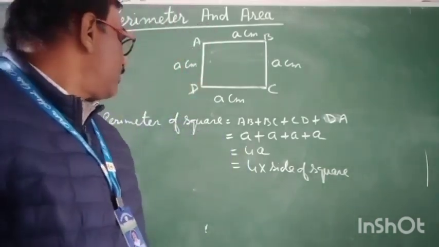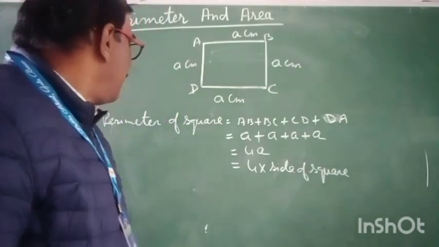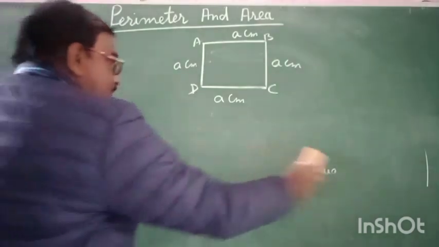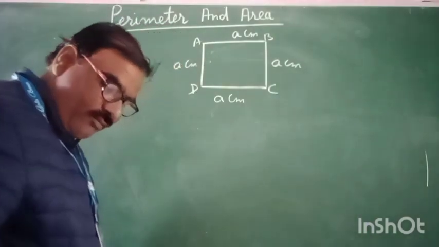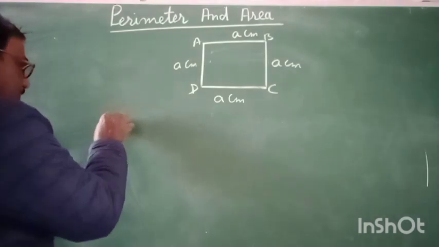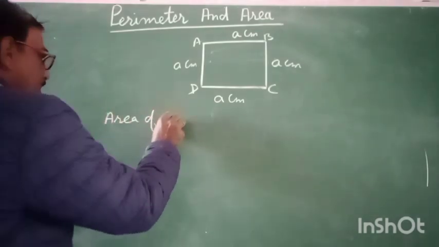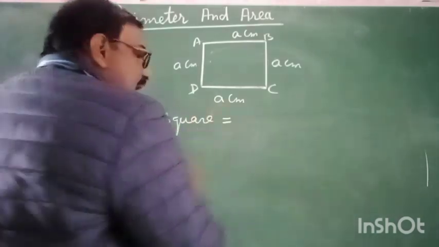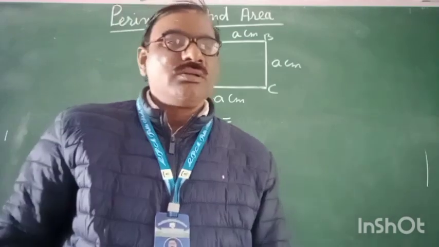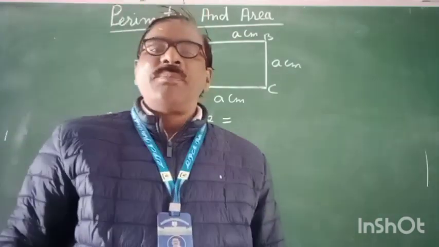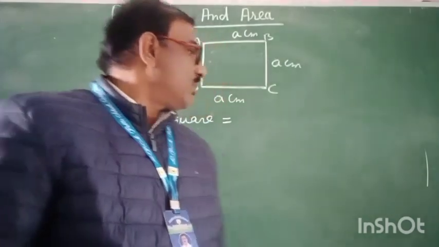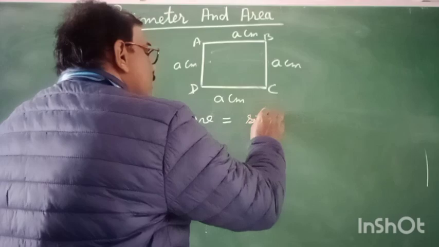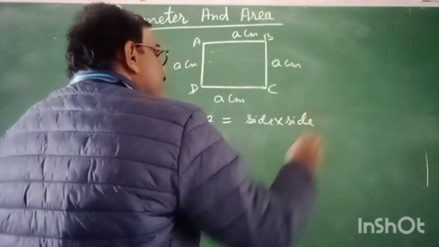Now I'll find out the area of a square. As you know, all sides of a square are equal. Then the area of a square will be equal to side multiplied by side.